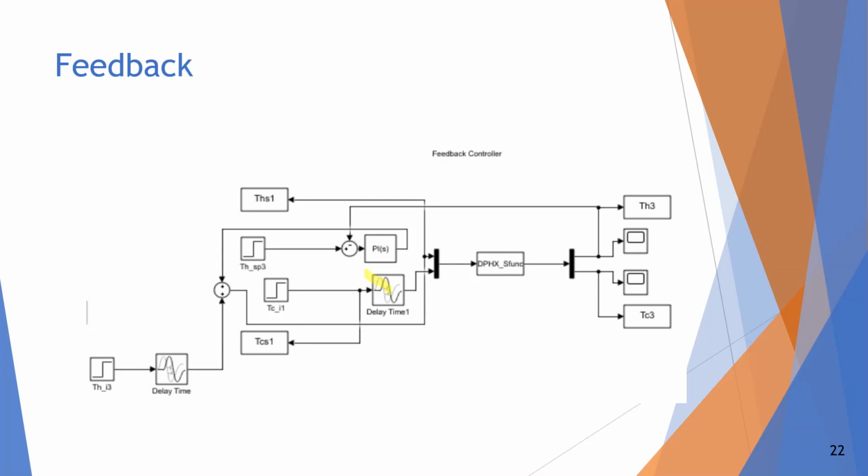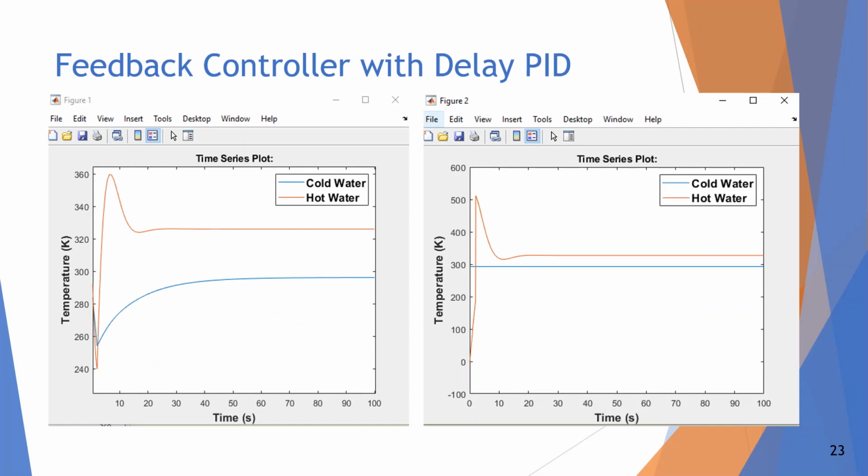This is a delay we added, and this is another delay. We added a delay of 2 seconds at each one. Here we have a feedback controller with a delay PID, and here with the delay, as we mentioned, of 2 seconds.